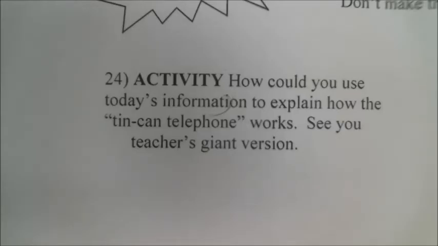The person's voice causes the air molecules to hit the bottom of the can, making the bottom of the can vibrate back and forth. This makes the string vibrate back and forth, pulling and tugging on the second can. When the string hits the other can or is tied to the other can, it makes the bottom of the second can vibrate back and forth, which causes sound waves to then travel to your ear.